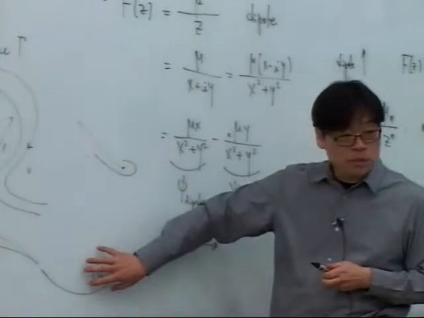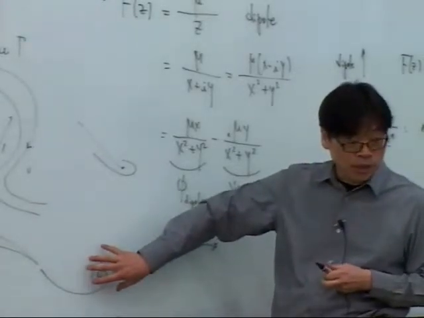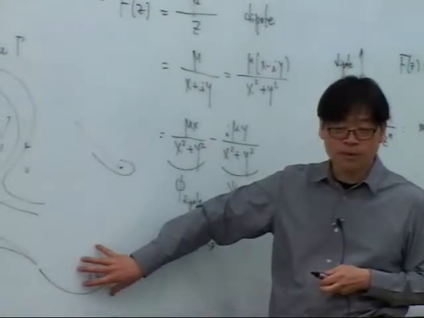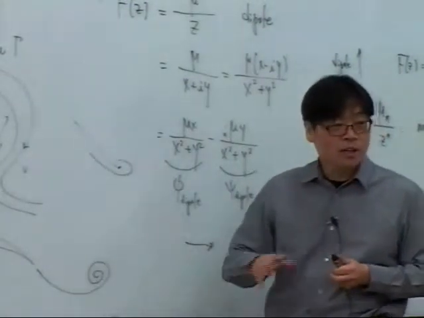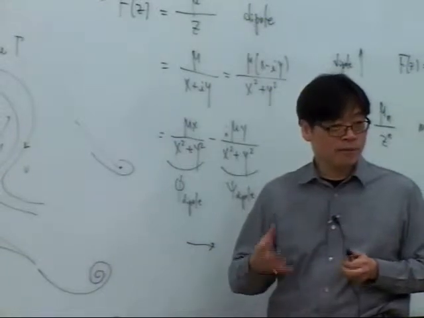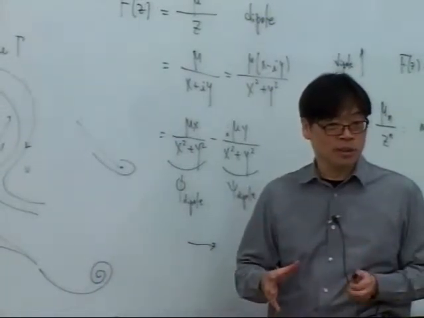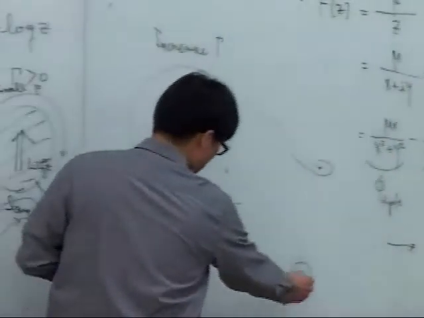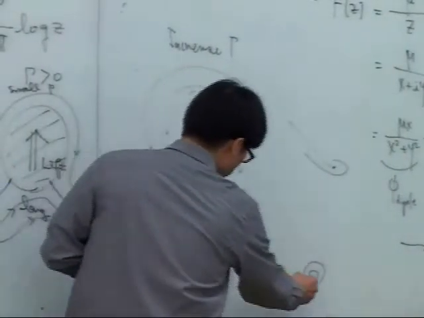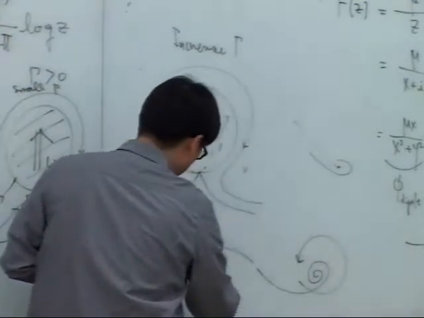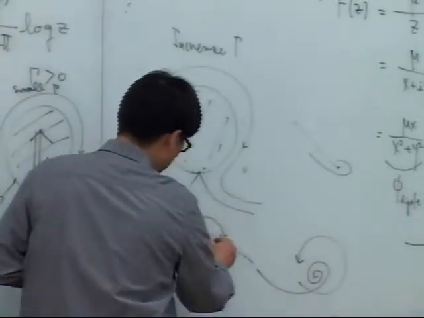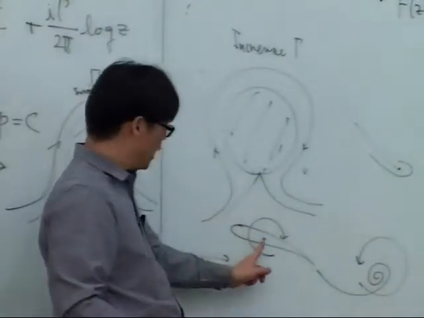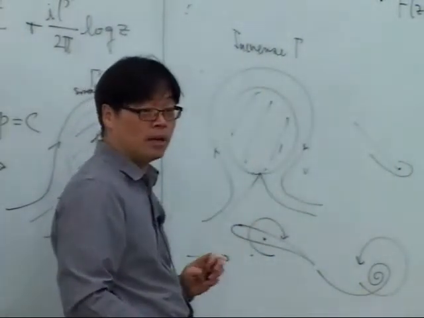And this guy has some circulation or some vorticity. For irrotational flow, or if your Reynolds number is high, vorticity cannot be generated. If it starts from 0, it has to be 0 all the time. So to compensate this circulation, this guy generates a vortex like this around the body, and that makes this guy go up.